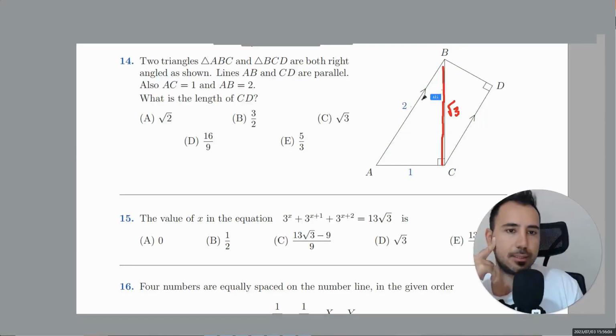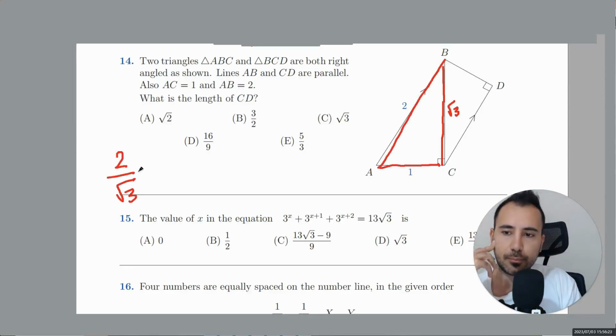Because these two are similar, the ratio of the lines are the same. So for the bigger one, the hypotenuse over the second biggest line is 2 over square root of 3.